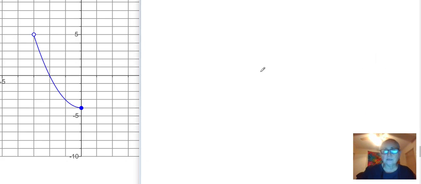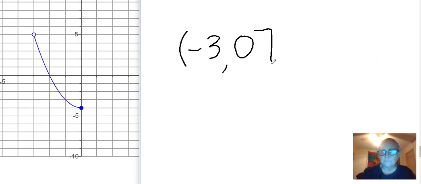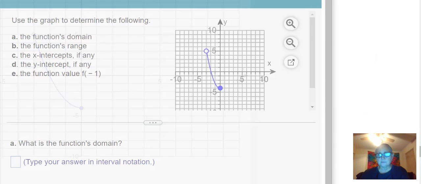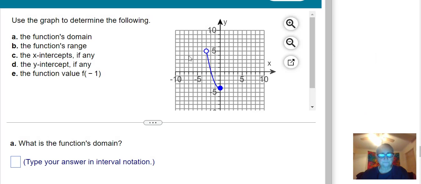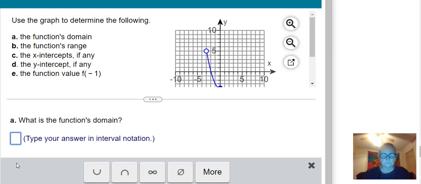So that would be -3 not included, 0 included. Okay, so that's my domain. Got to get those symbols right on the ends or it'll mark it wrong.